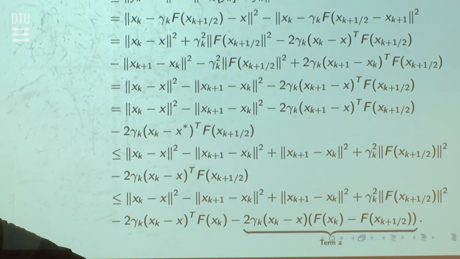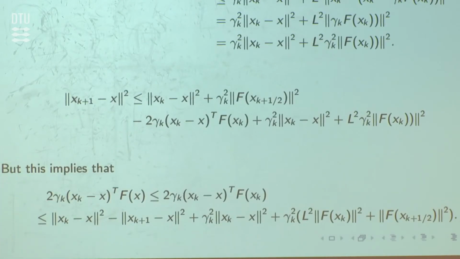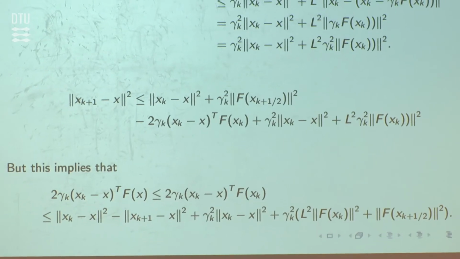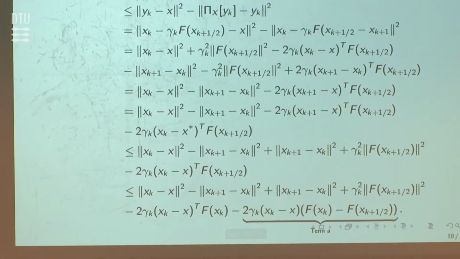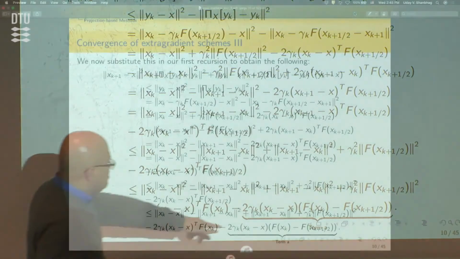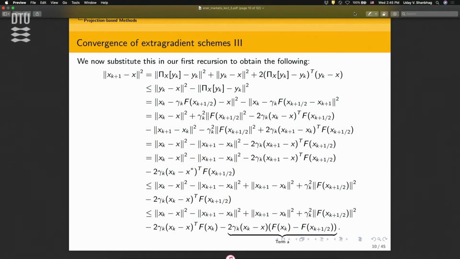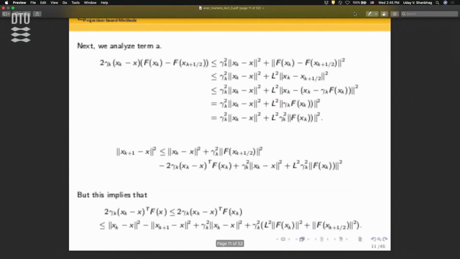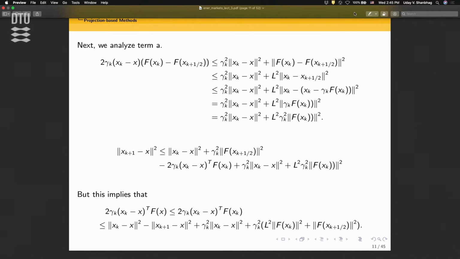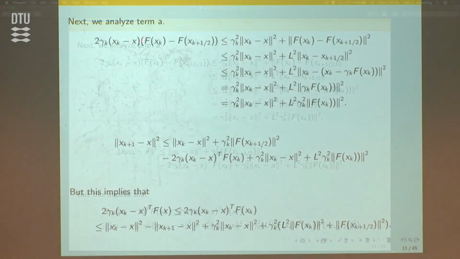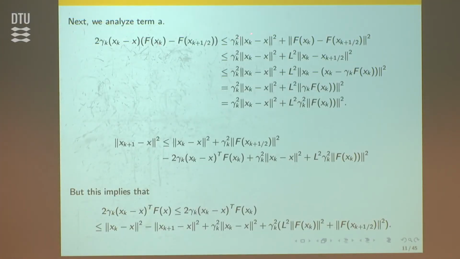Okay? So now I'm just going to analyze term A. So the term A, 2ab, this is gamma times A, there should be a transpose here, transpose B is less than A squared plus B squared.